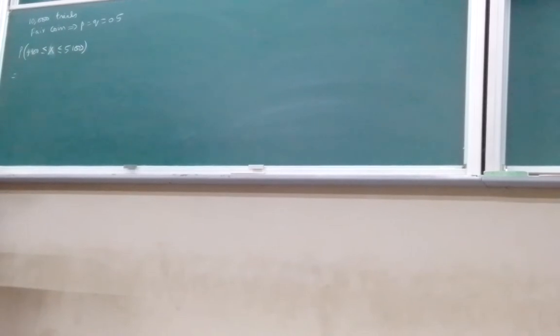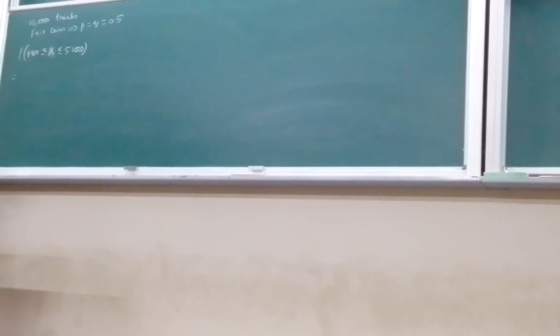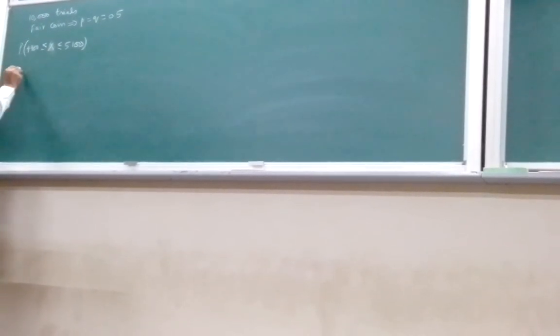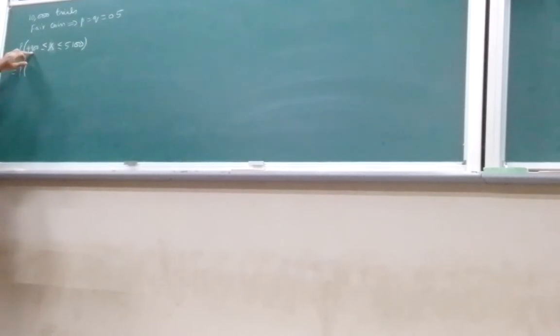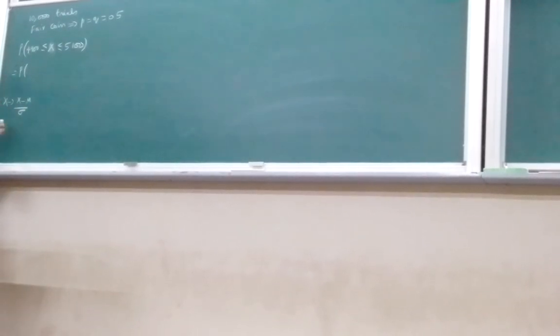So we use this de Moivre-Laplace theorem and then use a normal approximation to the binomial. Here it means that we will do the transformation of x being transformed to x minus mu by sigma to convert into a standard normal one. Here mu will be n times p, sigma is equal to root of npq.